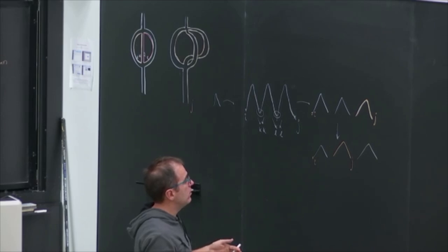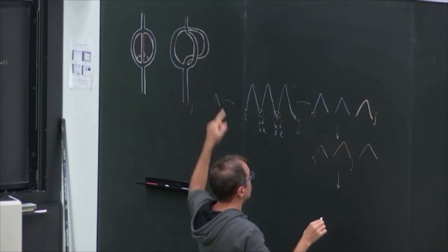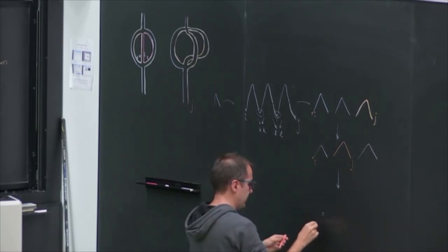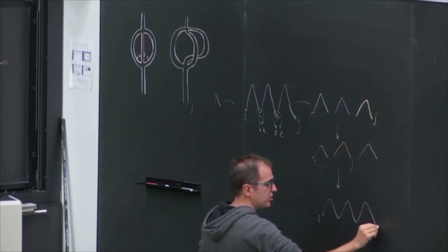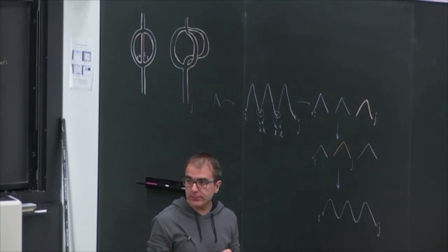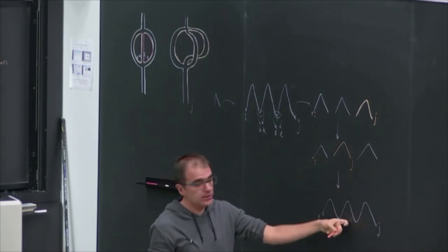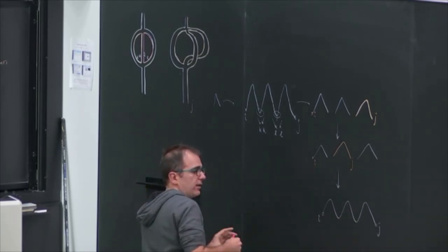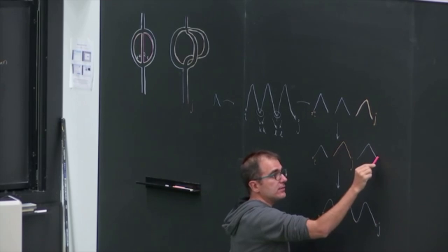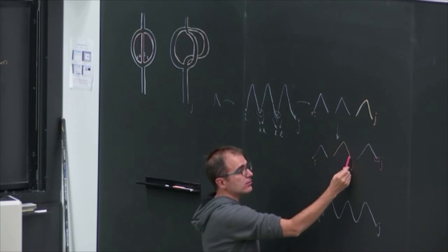And now, at the end, I want to reconnect these to make my string again. So now the goal is to reconnect this and get I here, a reconnected string, and J here. Do you agree? Good. So then how could this reconnect into this? Let's work backwards. First of all, I want the last endpoint to be at J, so here I need J. I need these two to be able to reconnect.